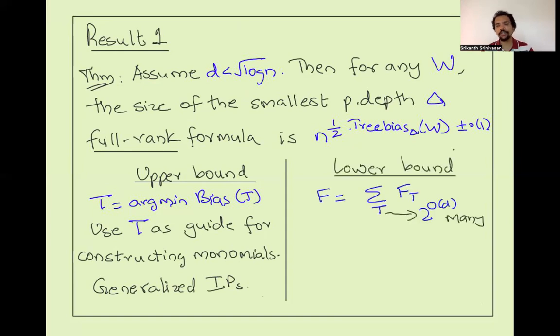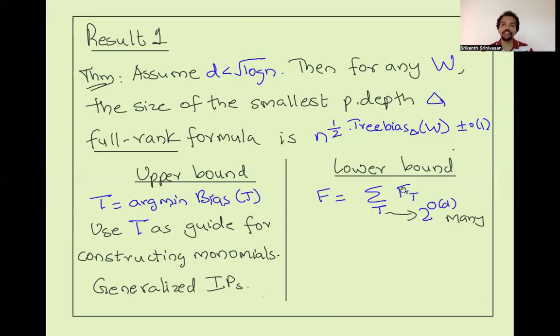And for the lower bound, a given formula doesn't have to come with a unique multiplicative structure, which is what we get in the upper bound. So first we break up any given formula for a polynomial into a sum of formulas, each with its own individual unique multiplicative structure, each corresponding to a W tree T. Because D is small, the size of the sum is not very big, so this is not a huge blow up.